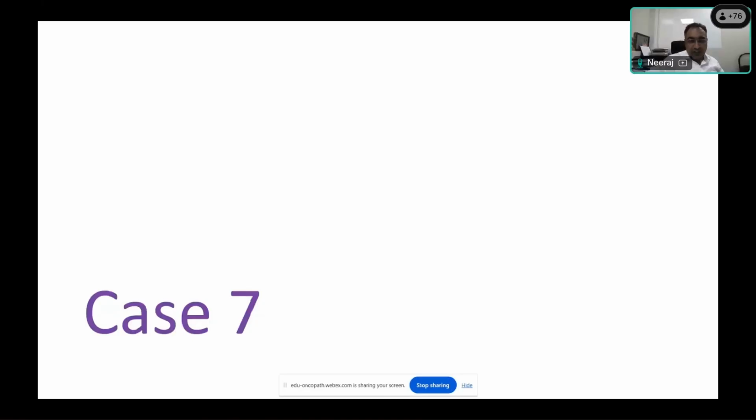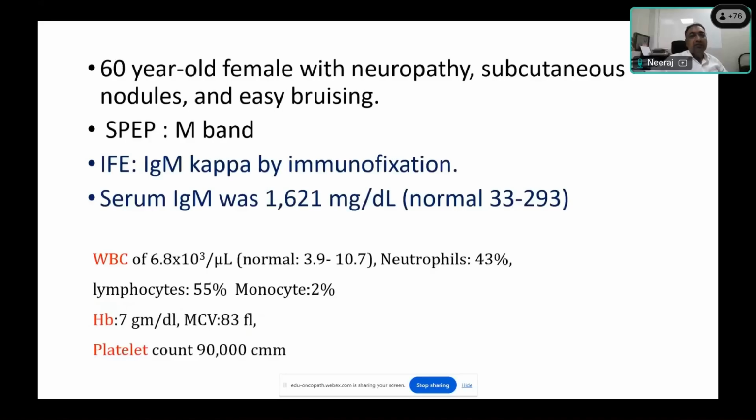So the last case, case 7. This was a 60-year-old female presenting with neuropathy, subcutaneous nodules, and easy bruising, and serum protein electrophoresis showed an M band, and on IFE this was an IgM kappa.